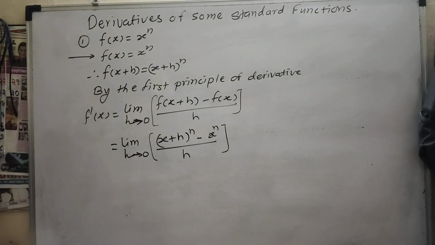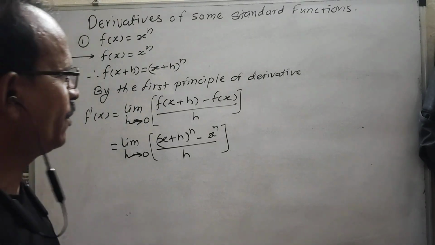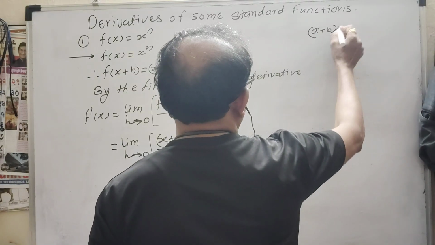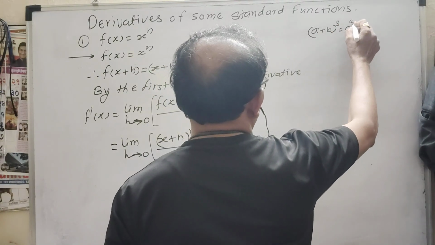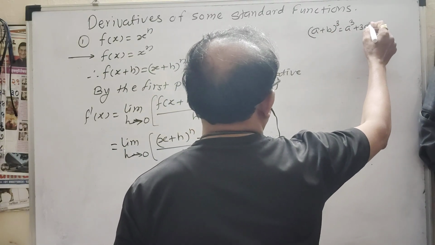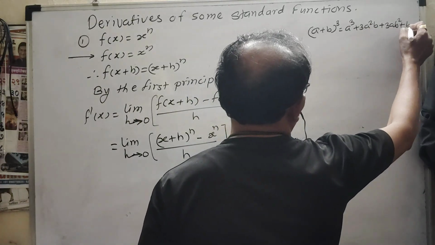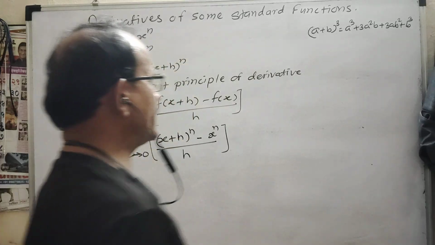We know the expansion formula a plus b bracket cube, which is a cube plus 3a square b plus 3ab square plus b cube.